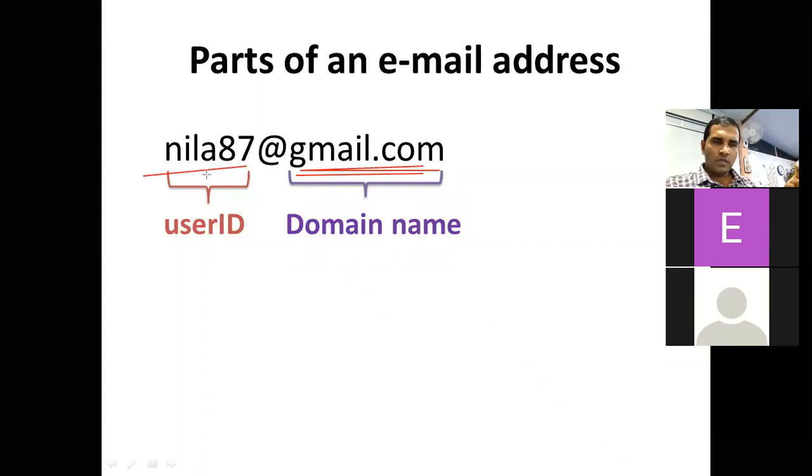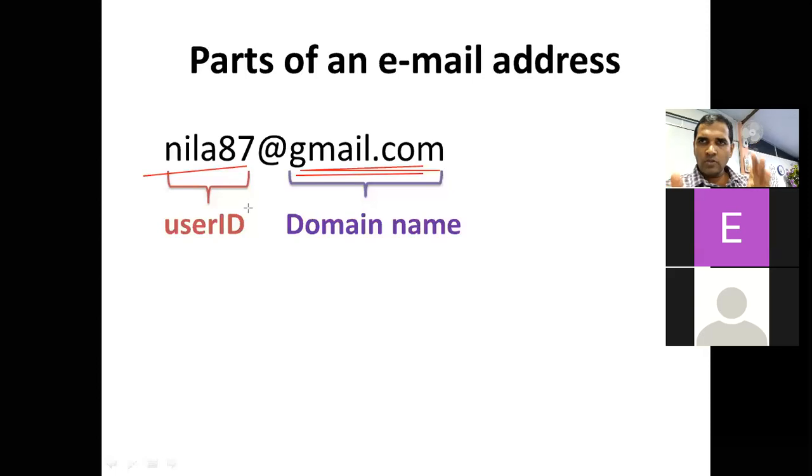So this person, if the person's name is Nila, definitely she has to get a suitable name for her ID. So that's why she put Nila87. If you want to get a user ID for yourself, definitely you have to get an ID related to your name, maybe your nickname. But you have to understand one thing.